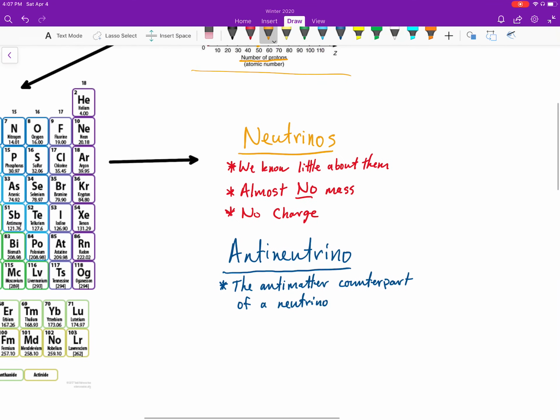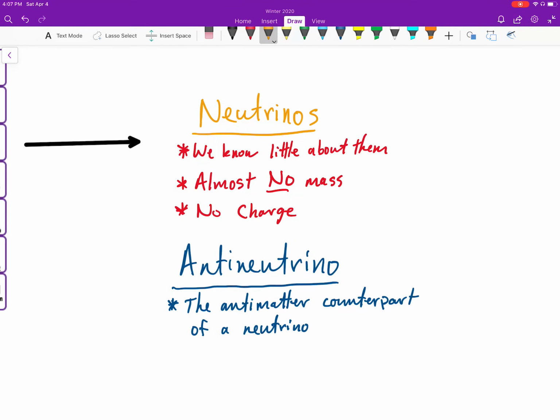As a quick note, I want to talk about neutrinos and antineutrinos. First, we have to understand that we actually don't know a lot about neutrinos. They have almost no mass, and they're not charged. So it's very, very difficult to track down neutrinos and understand what they are, because they just go through everything. They're not charged, so they're not affected by electromagnetic fields or anything.